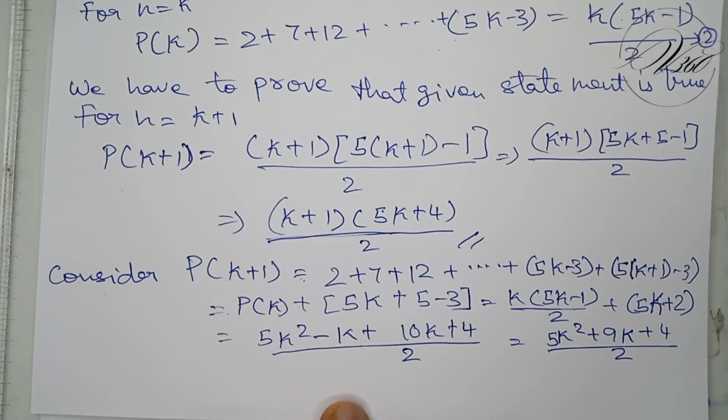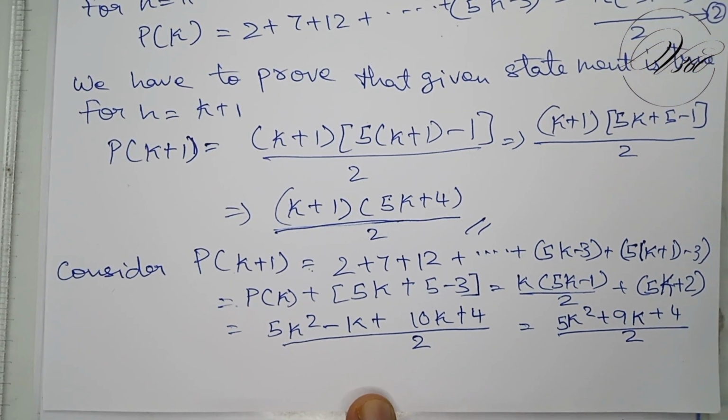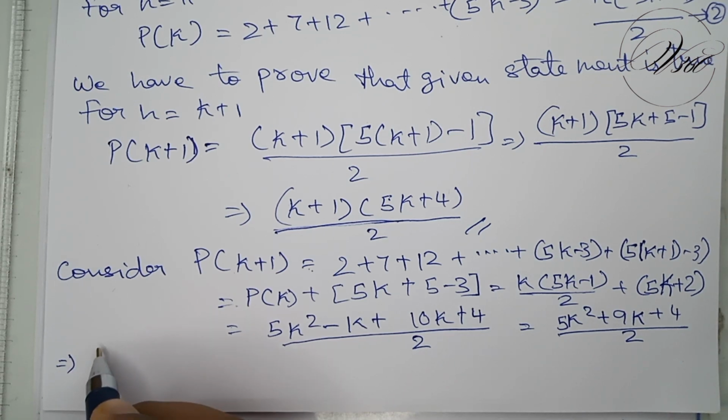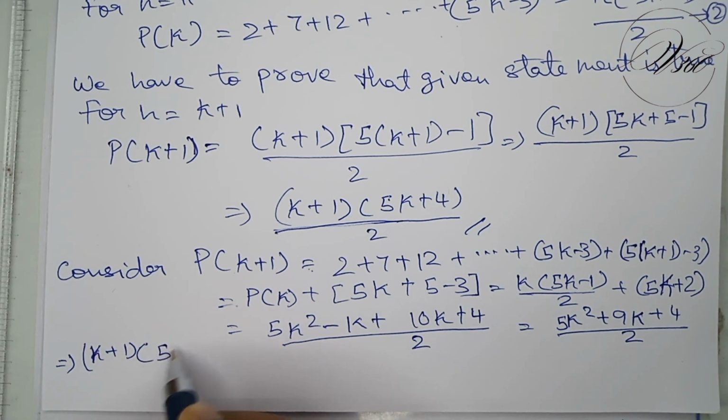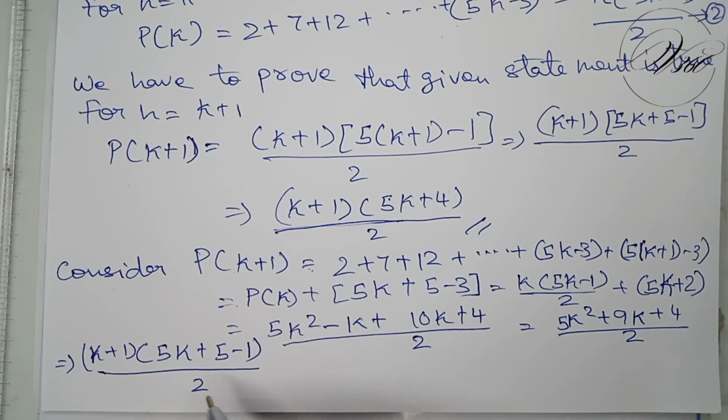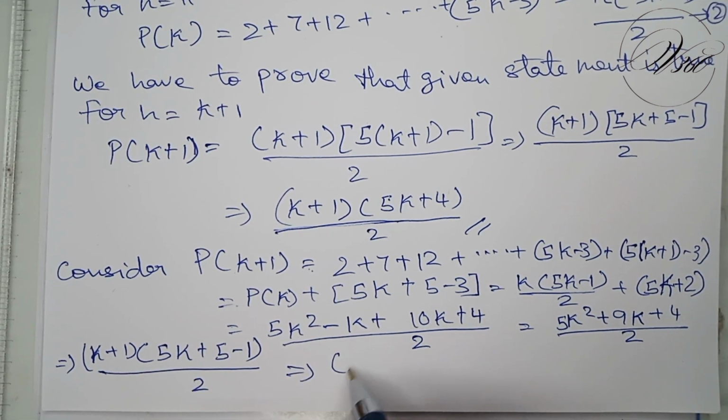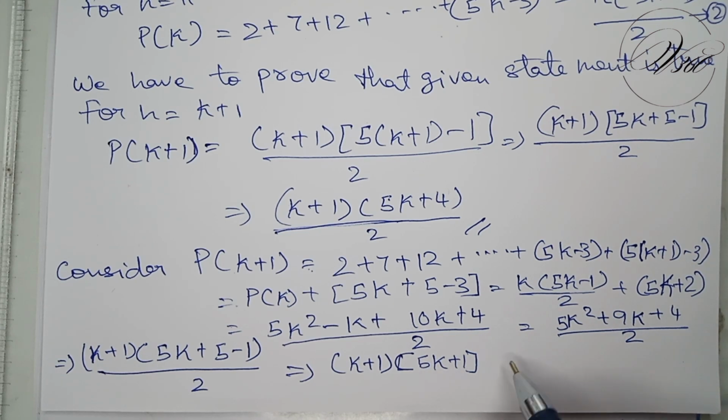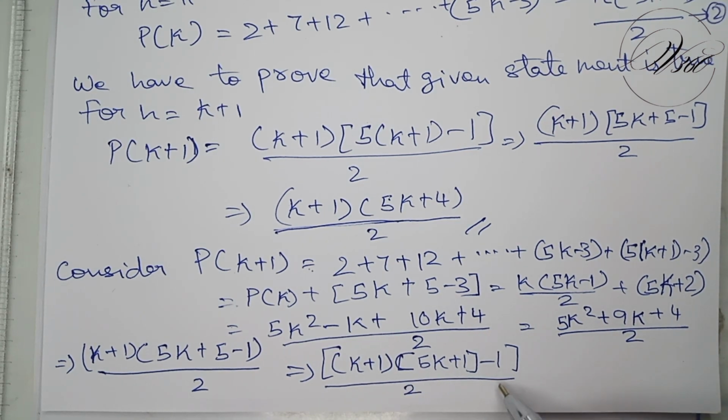Now here we can write this as (k plus 1)(5k plus 5 minus 1)/2, which implies (k plus 1)(5k plus 4)/2.